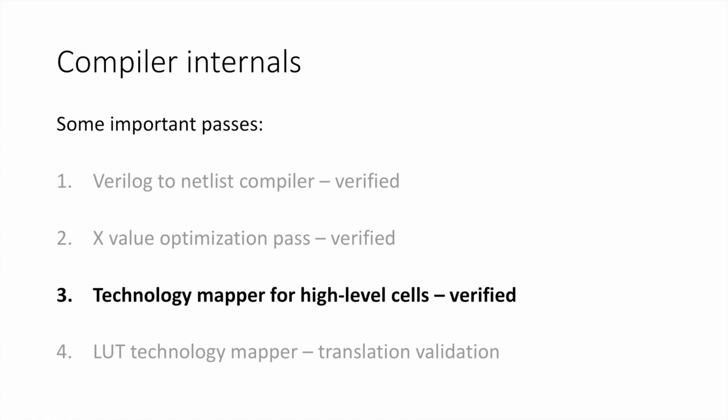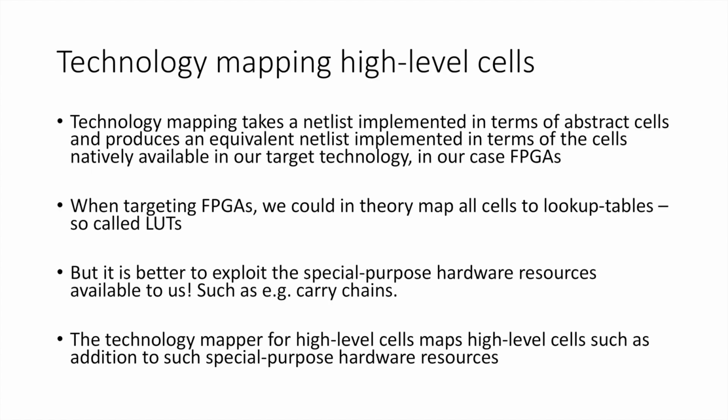Technology mapping in Lutsig is carried out in two passes, so let's look into the first pass first. By technology mapping, we mean that we have a netlist implemented in terms of abstract gates, and we want to produce an equivalent netlist implemented in terms of the cells natively available in our target technology, in our case FPGAs.